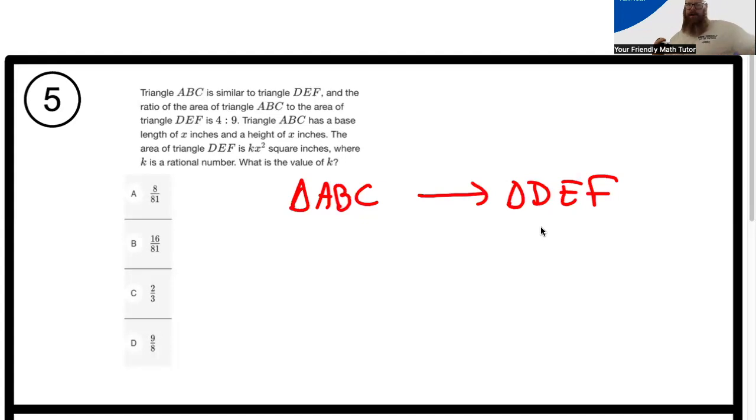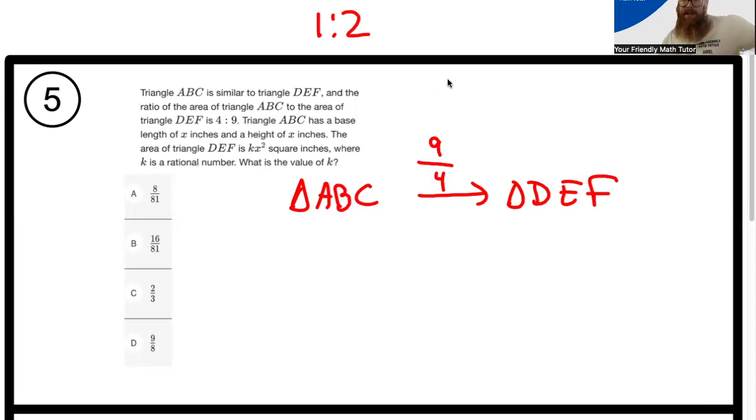But what I want you to think about is the area. If the ratio is going from 4 to 9, all right, what that means is we're multiplying the smaller area by 9 over 4 to get to the bigger area. See, if it were a ratio of like 1 to 2, you would know right away that we're multiplying by 2.